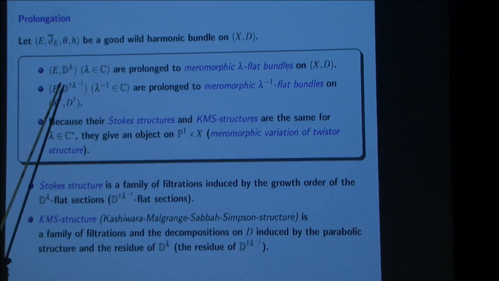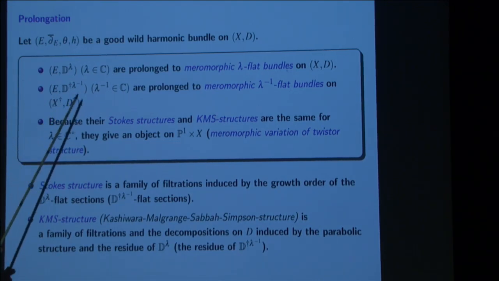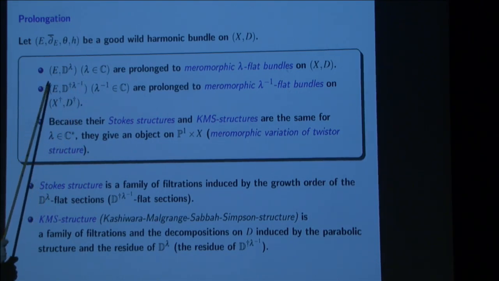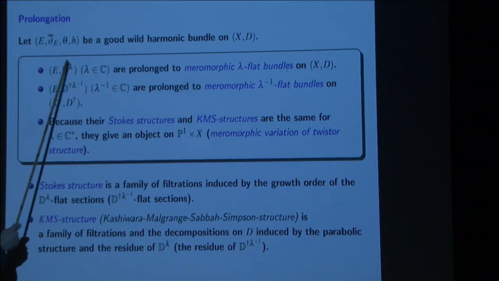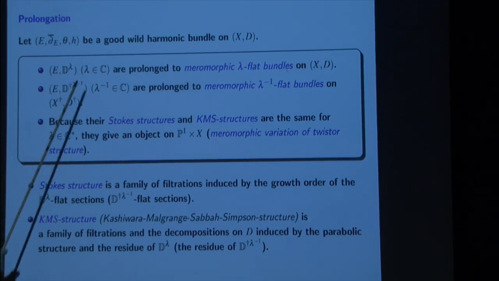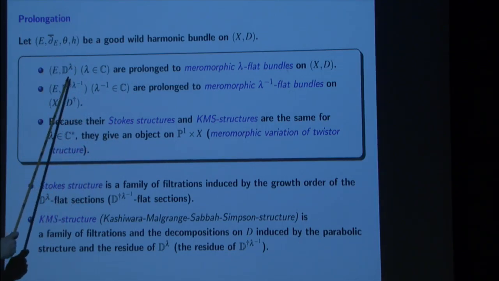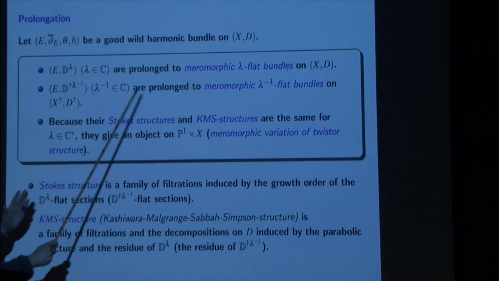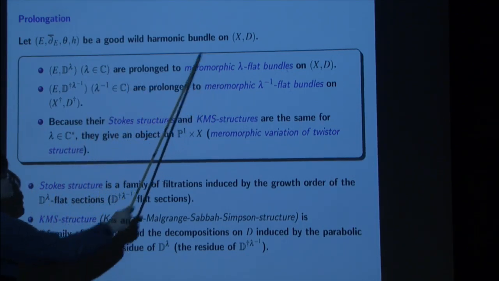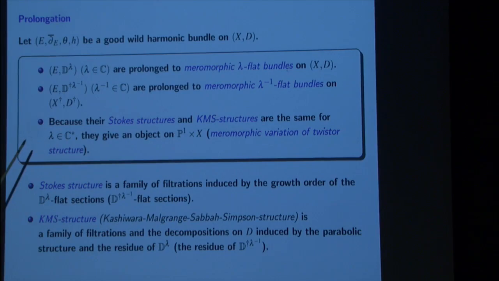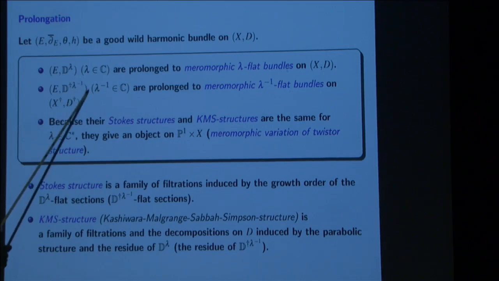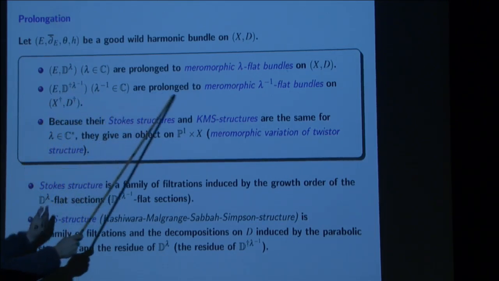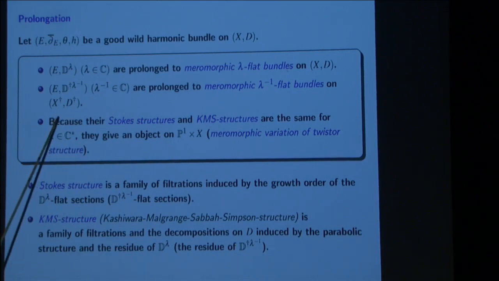Anyway, maybe I have to finish my talk soon. We have a family of lambda flat bundles, and the wild harmonic bundle is just given on X minus D, but it is extended or prolonged to meromorphic lambda flat bundles on X, D. Similarly we have lambda inverse flat bundles on the conjugate, extended to meromorphic lambda inverse flat bundles on X dagger and D dagger.